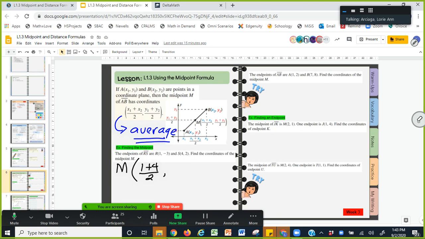Then you add the y numbers together: negative 3 plus 2, and then divide by 2. That's why I said it's just the average. So your final answer will be 5 halves if you want to keep it in fraction form, and negative 1 half. Or you could say 2.5 and negative 0.5.